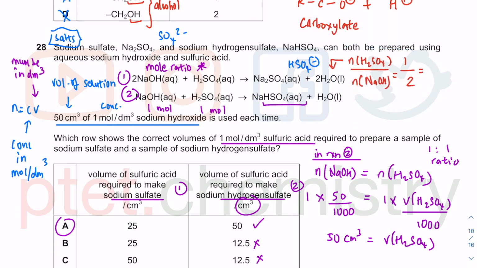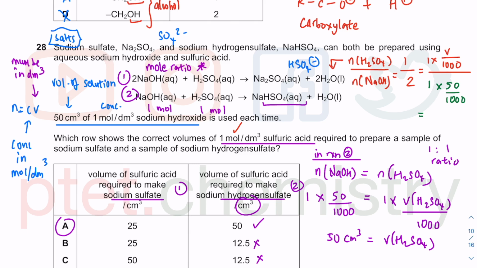Then I have n = C times V, because that's the actual amount of moles for the sulfuric acid. So I need the concentration, which is 1 mole per dm³, and the volume of H2SO4 in cm³, dividing that by 1000. At the bottom, I have 1 mole per dm³ of sodium hydroxide and 50 cm³ of NaOH.